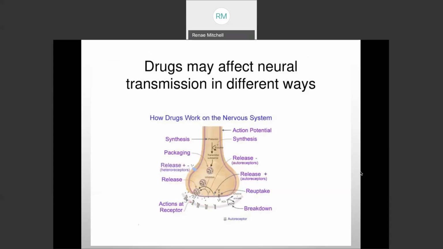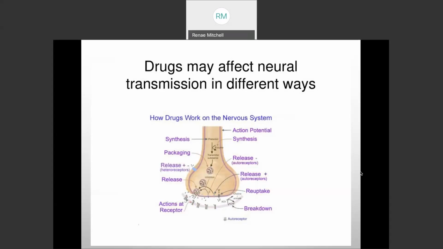So there are many different ways that drugs can affect how neural transmission occurs, and it's all related to these neurotransmitters. Neurotransmitters are created within the neuron, so the cell makes these chemical messengers, and then they're packaged and put into the vesicles.